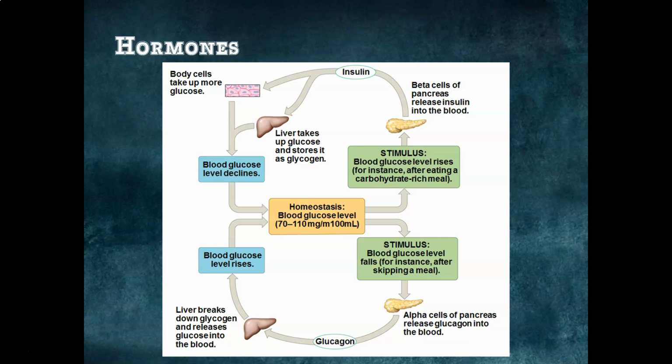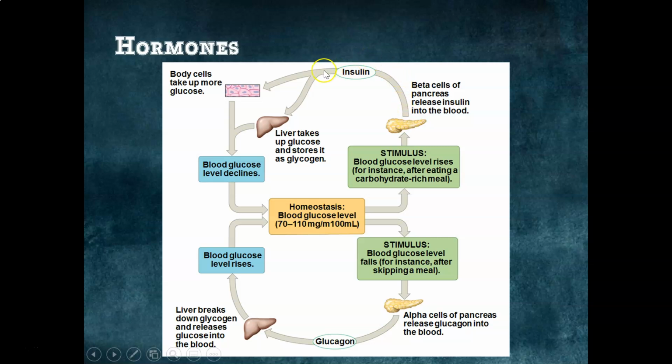So, if we take a look at how this whole process works, here's your blood glucose levels. Usually, they say you should be somewhere between 70 to 110 milligrams, once again, per 100 mLs of blood. If we've got a stimulus where your blood glucose levels are on the rise because you've just eaten a giant bowl of pasta, for example, your beta cells get stimulated and they will release that insulin.